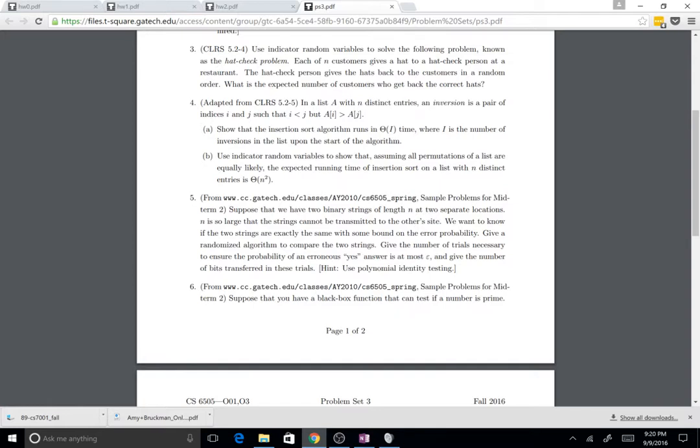It is almost always possible, however, to do the problem in other ways. And if you happen to see some other way to do it, you're allowed to do that. When it says hint, you're allowed to do something else. If we were to actually say, solve this by using polynomial identity testing, then you're not allowed to do something else.